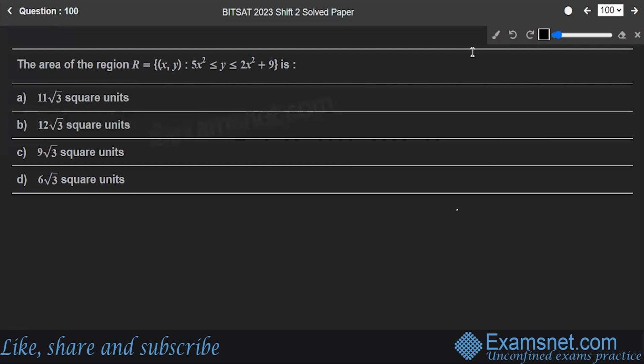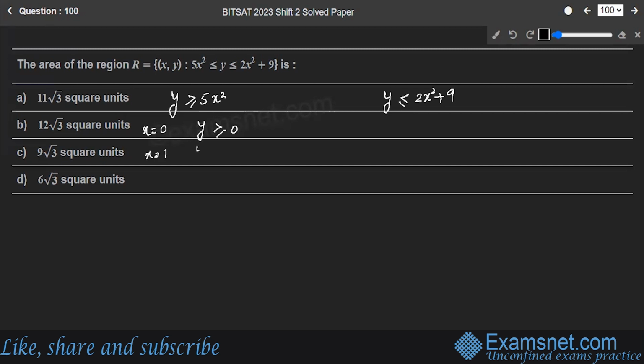Question number 100, the area of the region R, which is given by the ordered pair x, y, such that 5x squared is less than or equal to y is less than or equal to 2x squared plus 9. So here you have two curves actually. Y is greater than or equal to 5x squared and y is less than or equal to 2x squared plus 9. If I put x equal to 0, you will have y greater than or equal to 0.